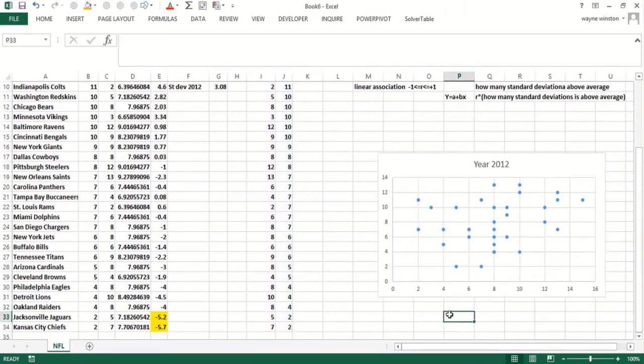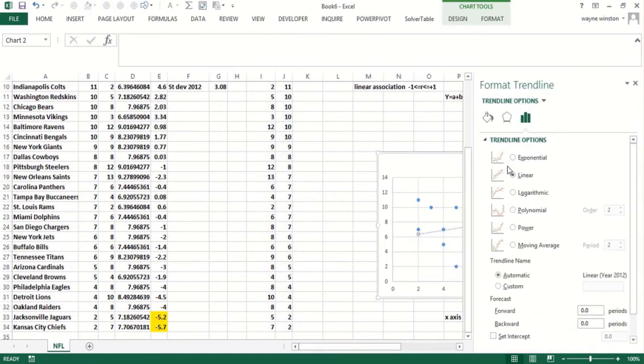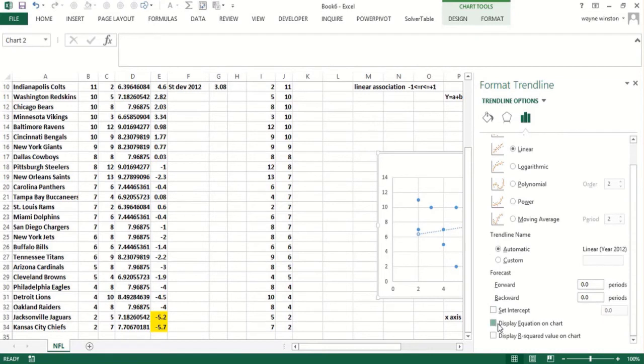So the X-axis is 2011 wins, Y-axis 2012 wins. And you can right-click, add trend line. You can do a straight line, show the equation, and show the R squared.